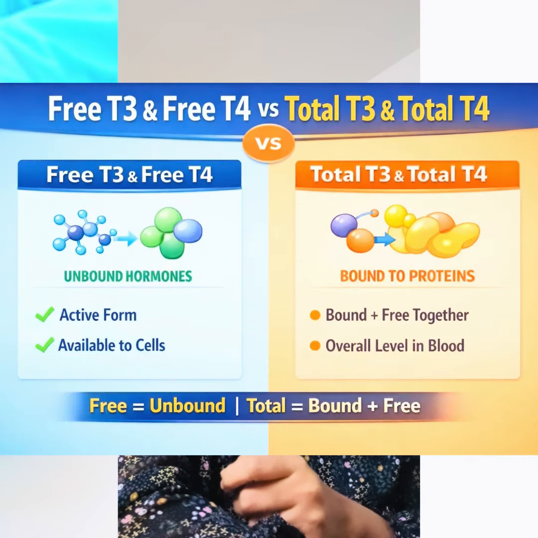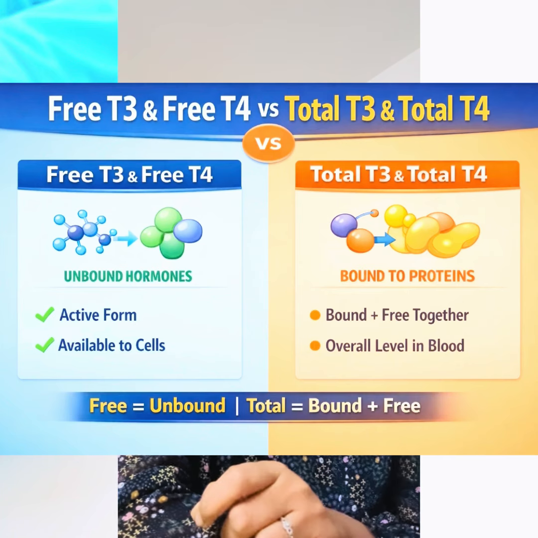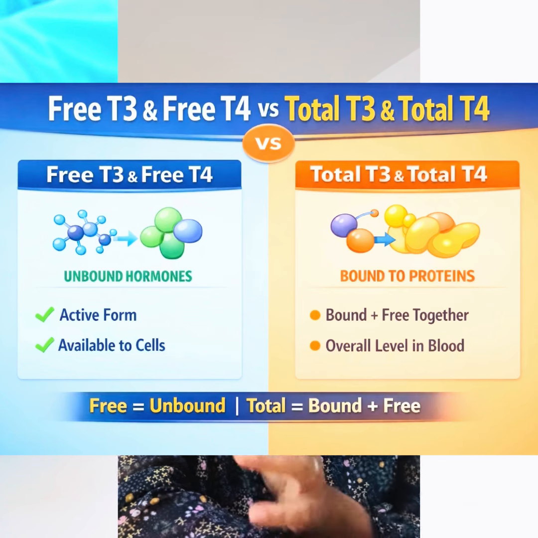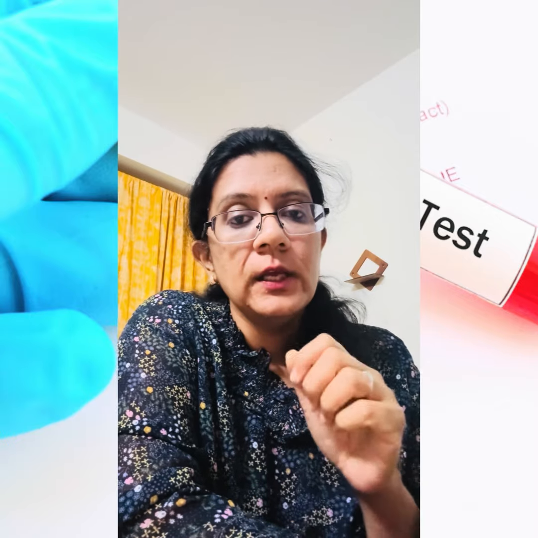Free T3 and T4 are the unbound hormones, which are not bound to protein and are freely available for tissues in the body. Whereas total T3 and T4 are bound to protein. This difference is very important because total T3 and T4 levels can be influenced by a lot of other factors like pregnancy or use of OC pills, etc. So free T3 and T4 levels are much more reliable and are often asked for by the doctors.